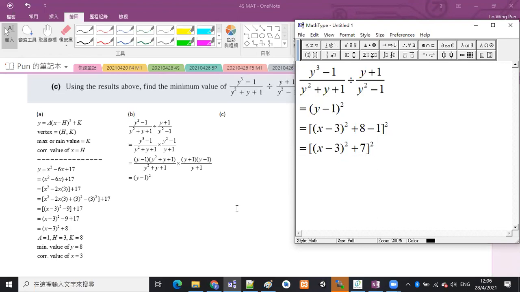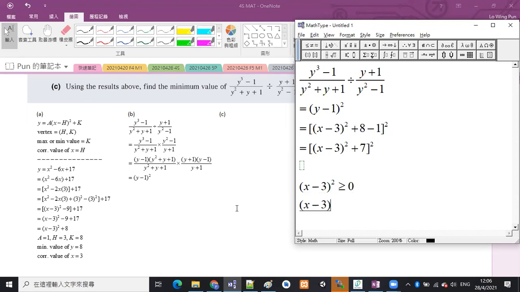Okay. So what is the minimum value of this expression? When can we have the minimum value? x minus 3 square is always larger than or equal to 0.